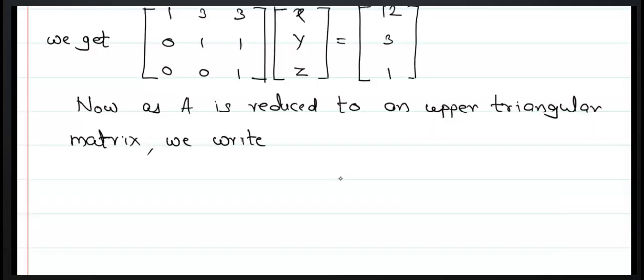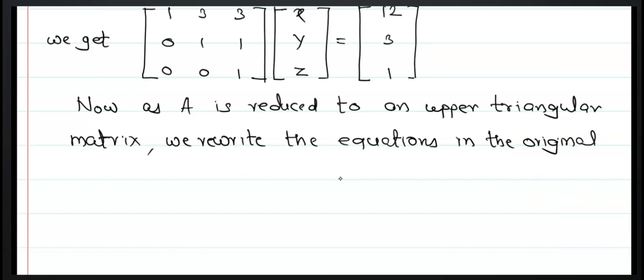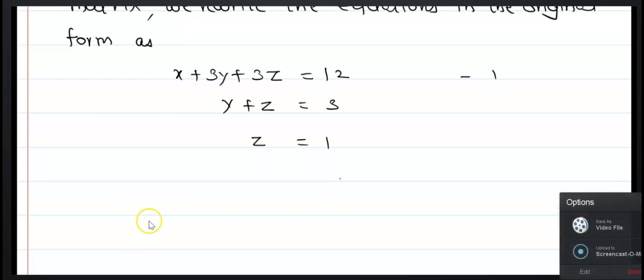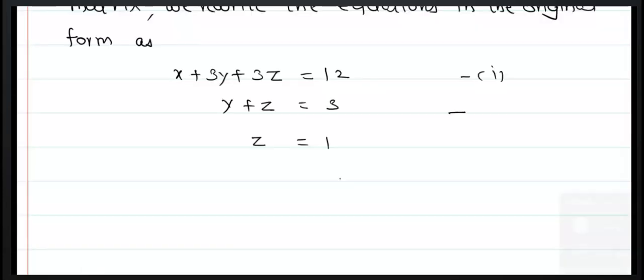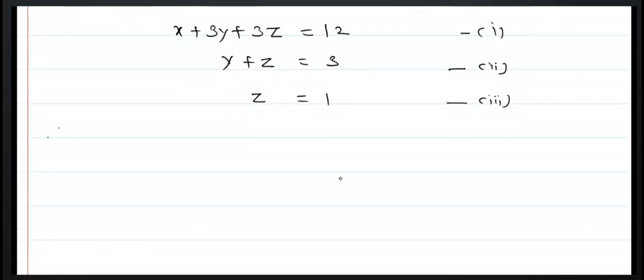Therefore, we rewrite the equations in the original form as x + 3y + 3z = 12, y + z = 3, z = 1. Substitute the value of z = 1 here, then you will get y = 3 minus 1, which equals 2. These are the three equations.